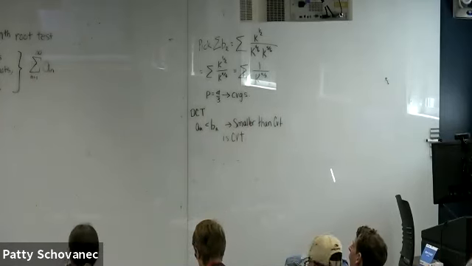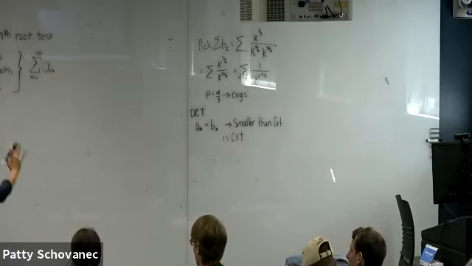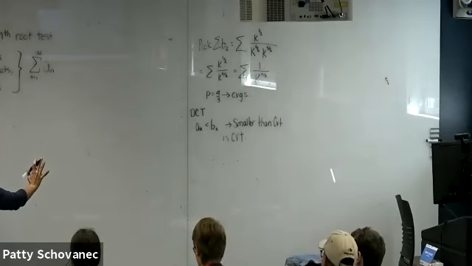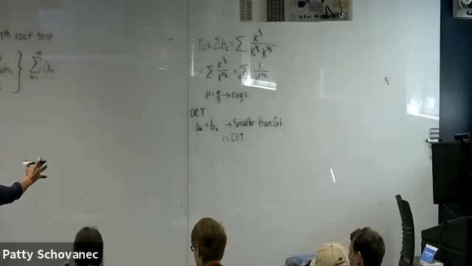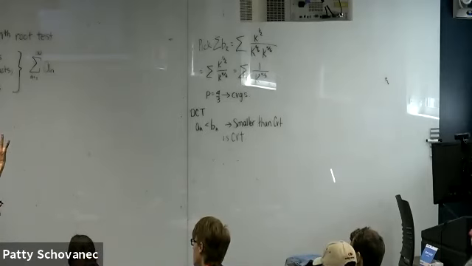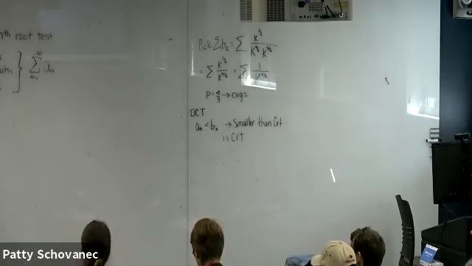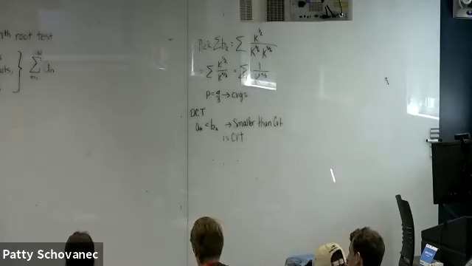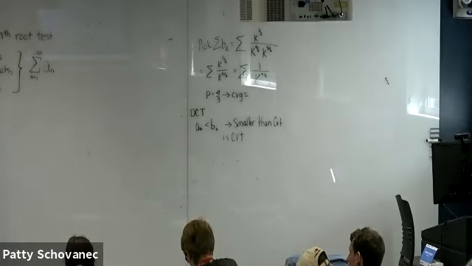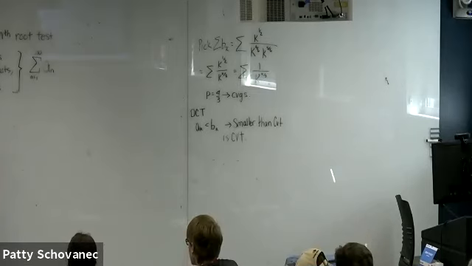So if I go out here to the nth term and then go to the term right next to it, the n plus first term, I'm going to look at the ratio of the term on the right with the term on the left. And the size of the limit is going to tell me whether or not that series is going to converge. So we will consider the limit as n goes to infinity of the term on the right, that would be the n plus first term, divided by the one right before it.